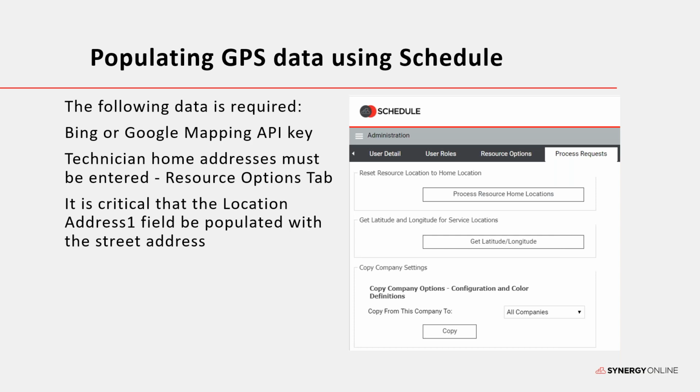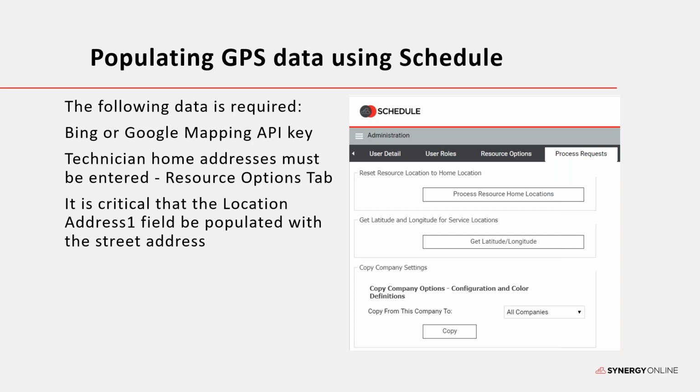So if you have some extraneous data in the address 1 field, like it's one bank tower spelled out, the OEM or ONE, the API key can't read that as an address. So if you've got care of the accounts payable, it's obviously not going to find an address for that.